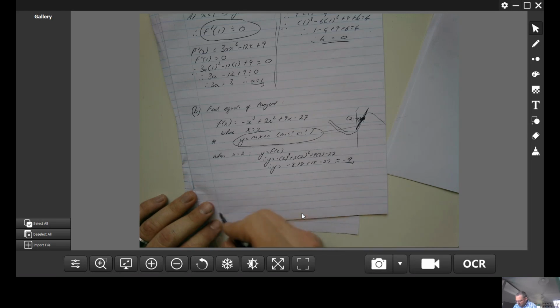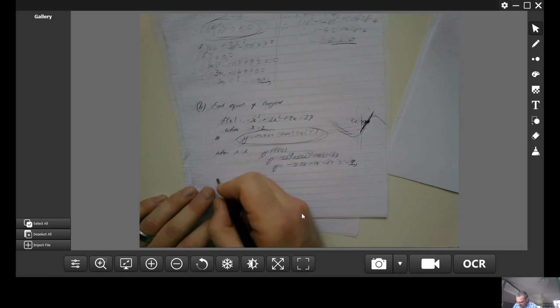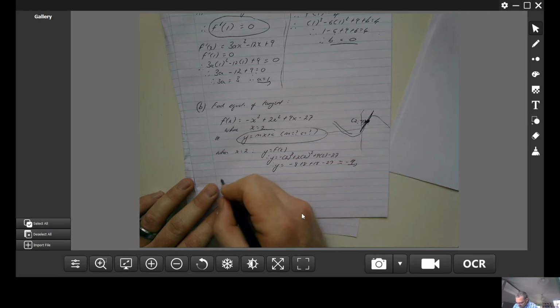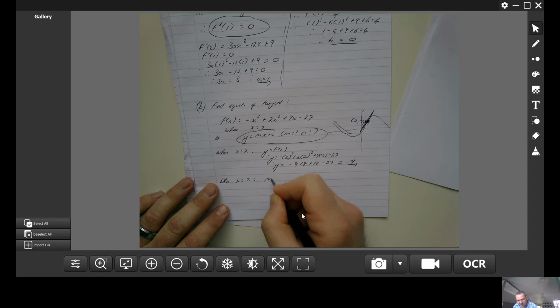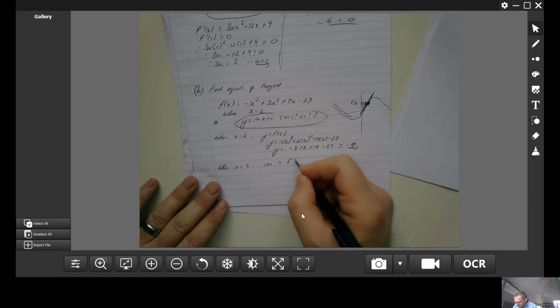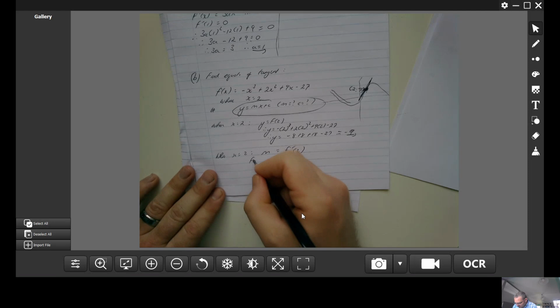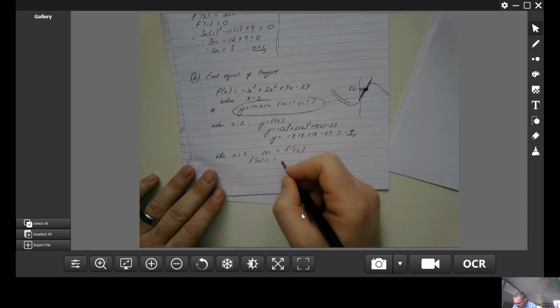Now I've got a point on this curve, and then I need the gradient. So now I'm looking for m. When x is equal to 2, the gradient is going to be f'(2). So I need to find f'(x) first.